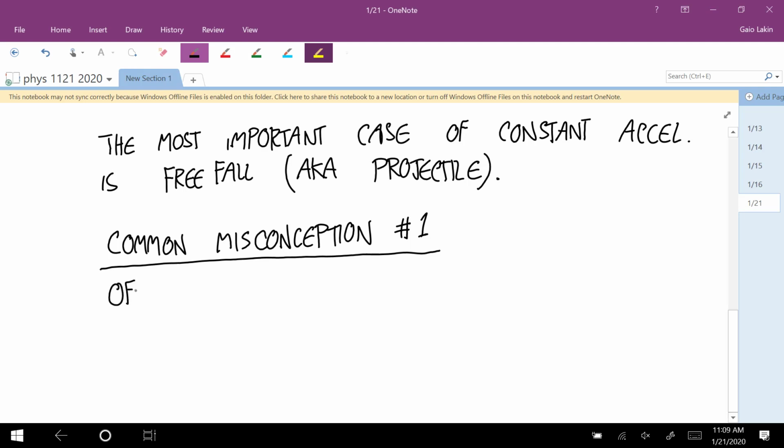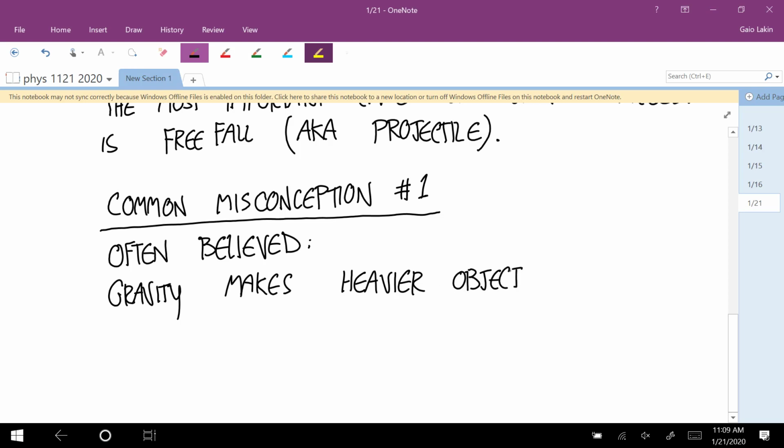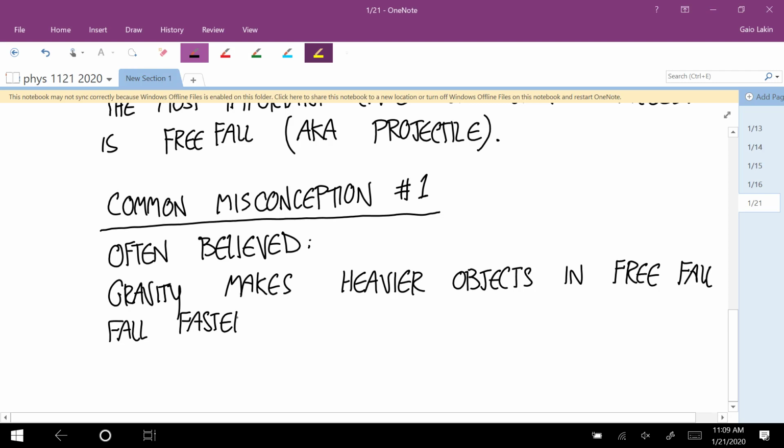So it's often believed that gravity makes heavy, or let's say heavier objects in free fall fall faster than lighter objects.